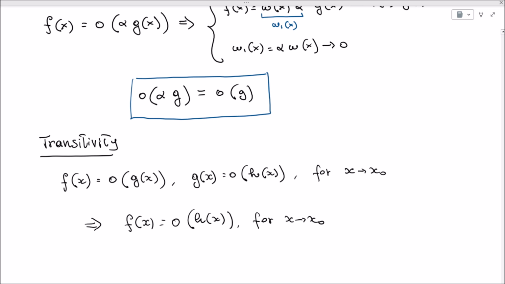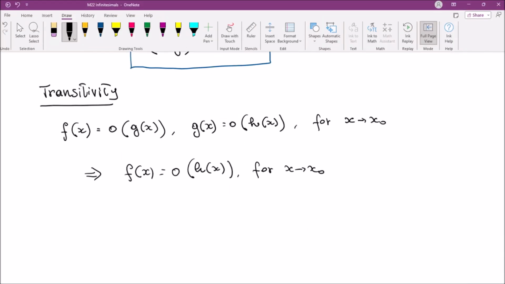In other words, little o is transitive. Let's prove this.